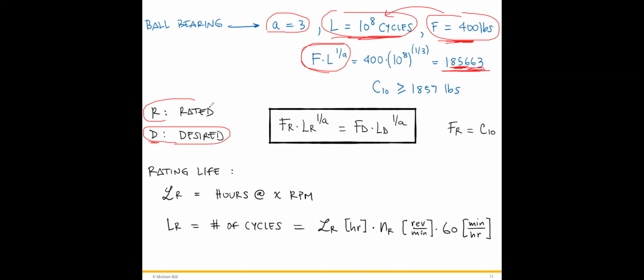R is rated, which means we evaluate or predict. This rated life or load can be found from the catalog provided by the manufacturer.